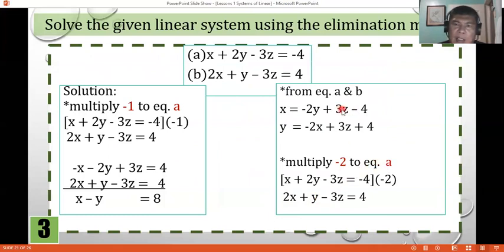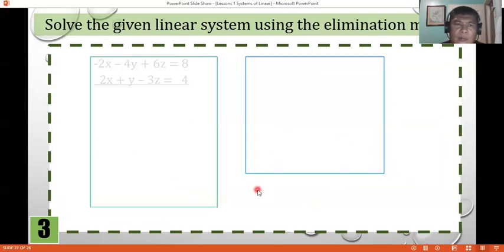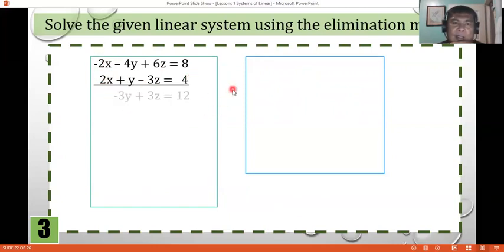Kasi ang mangyayari niyan, kung ito yung eliminate natin, babalik lang tayo dito sa equation na to. So, huwag na nating eliminate ito. So, ang ginawa ko is, I multiply negative 2 to equation A dito. So, magiging negative 2x minus 4y plus 6z equals this one. Then, ang may eliminate dito is x. Ito siya. Okay?